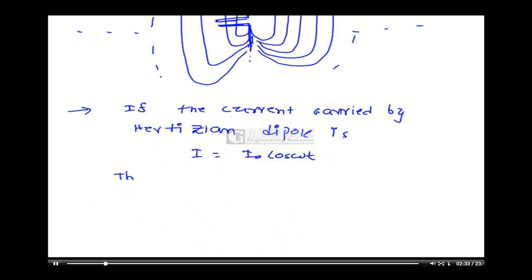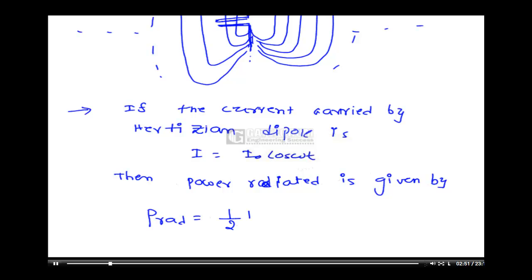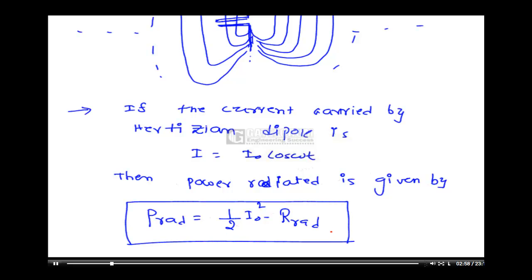Then the power radiated by the antenna is given by power radiated equal to half into I naught square into R radiated, which is very, very important.